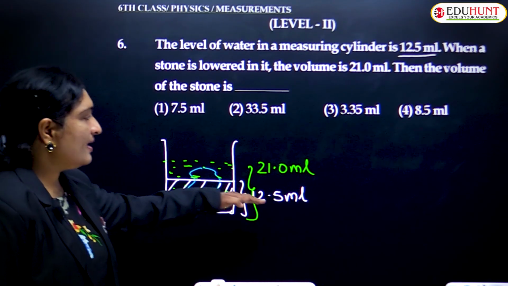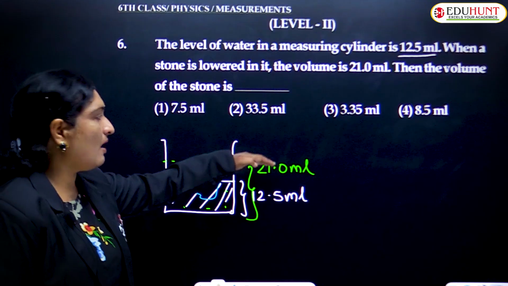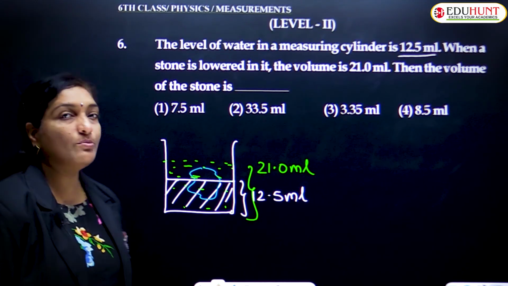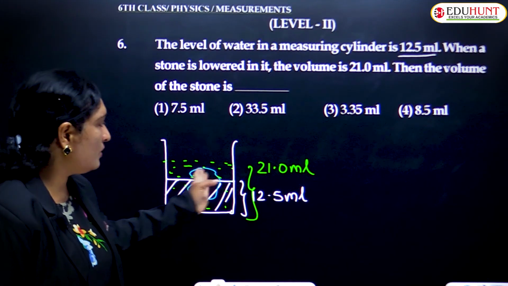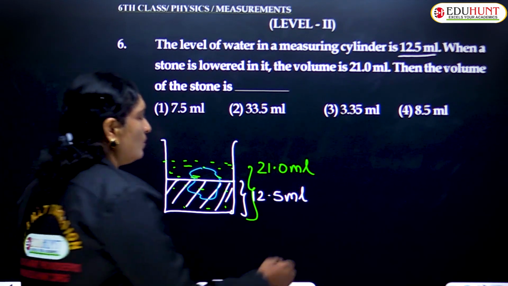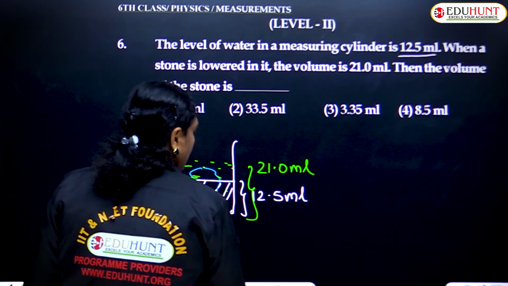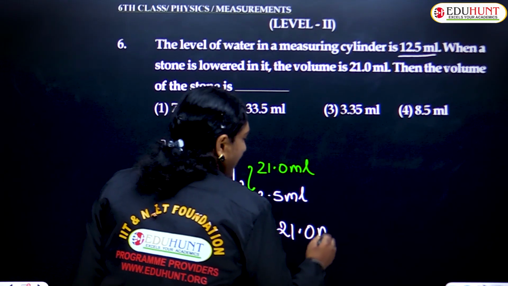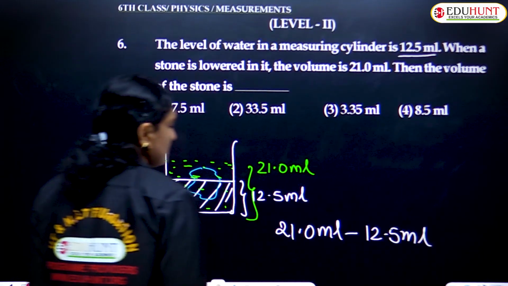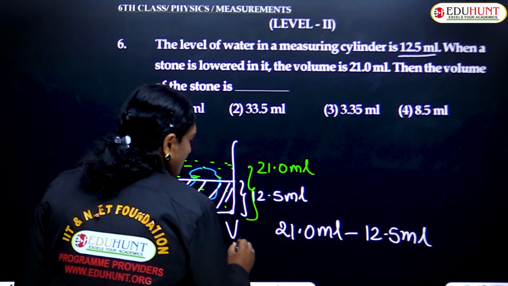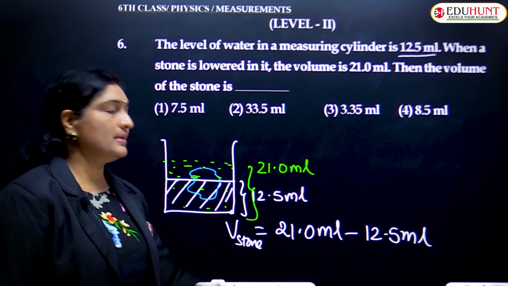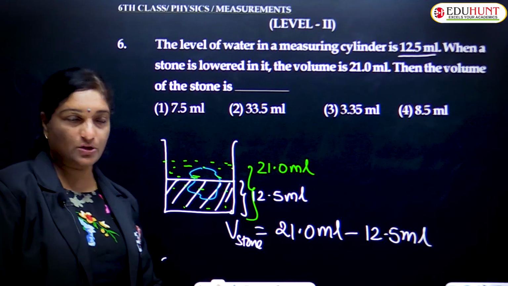That means initially it was 12.5 ml and finally it became 21.0 ml. Then the volume of the stone is the difference between these two volumes, the space occupied by the stone. So the volume of the stone is equal to 21.0 ml minus 12.5 ml, the difference between the two levels.